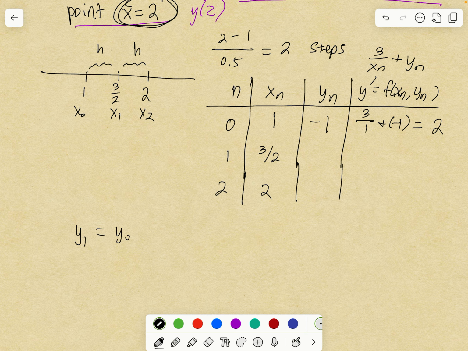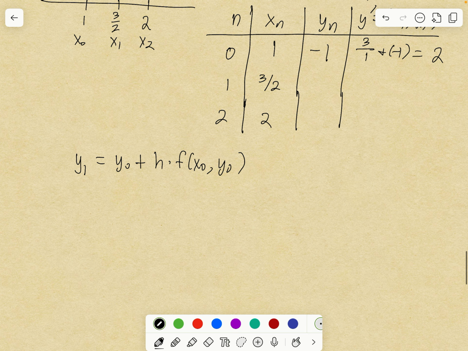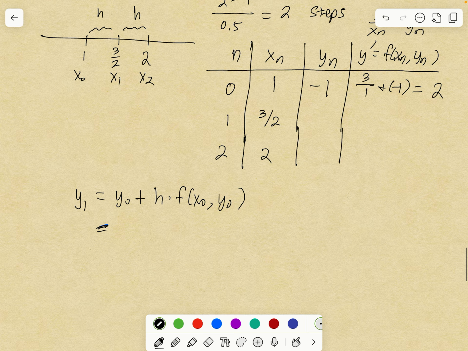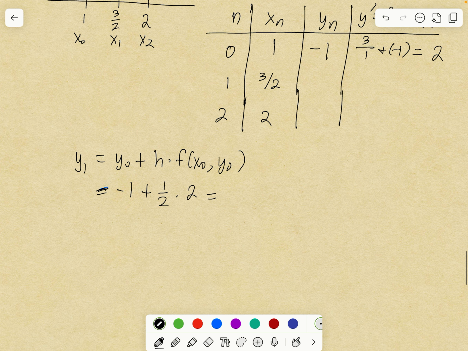So y1 is y0 plus h times f of x0, y0. It's the same in all of the Euler's method problems; you use the same equations. So you get y0, which is negative 1, plus h, which is a half, times f of x0, y0, which was 2. So if you figure out what this is, you get 0.